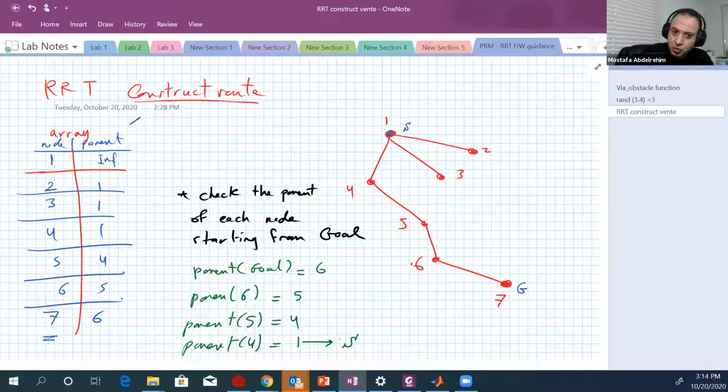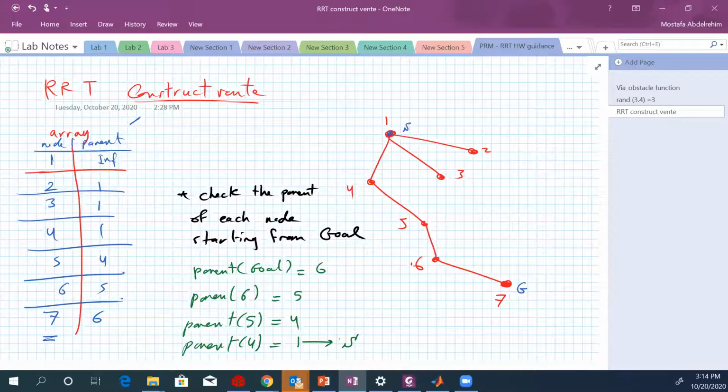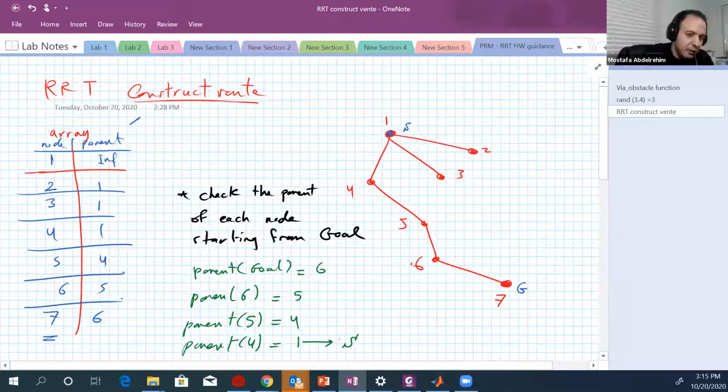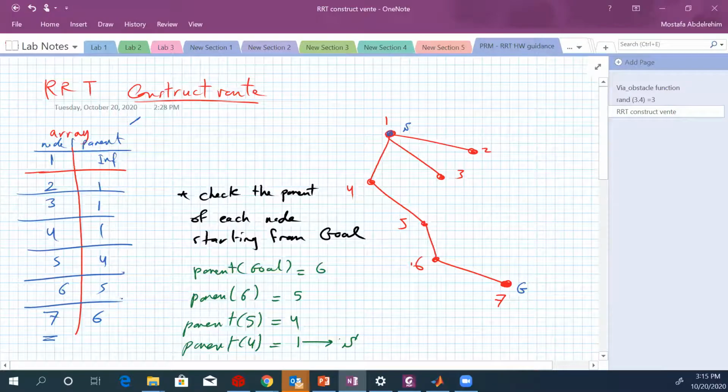Do you want me to explain more about this, or is it clear? It's clear. I just had a quick question. For the construction route function in MATLAB, you're inputting map. What is it used for?